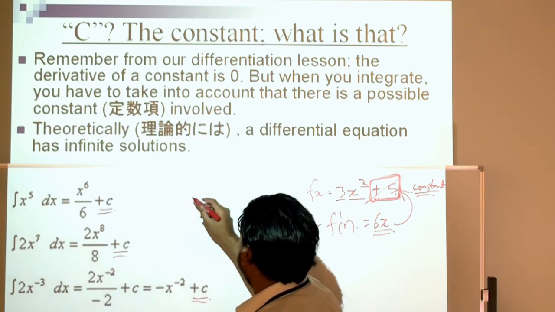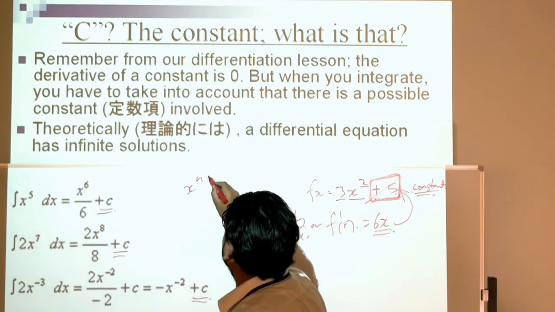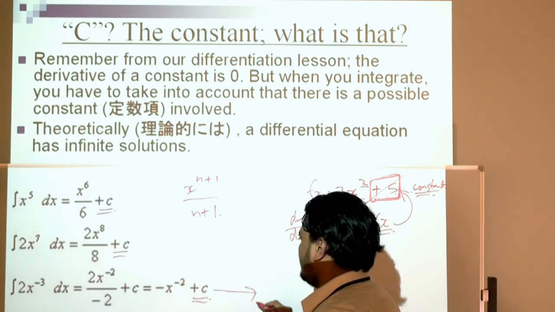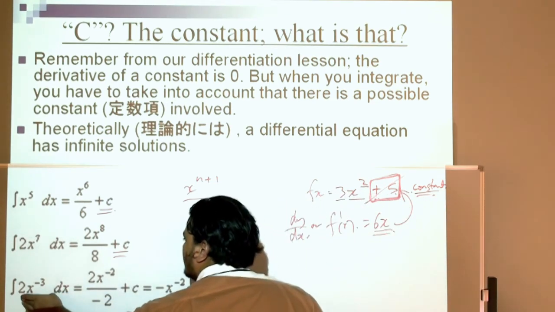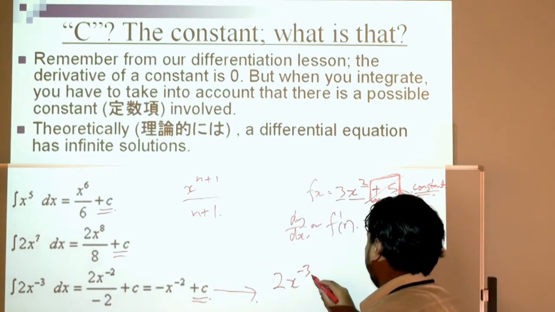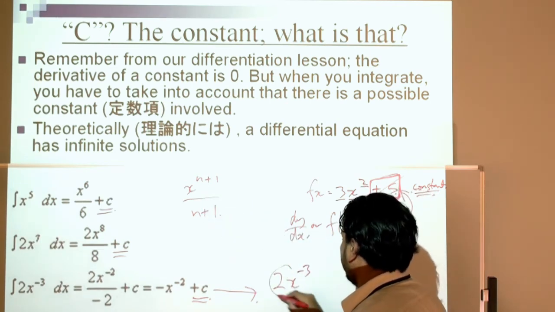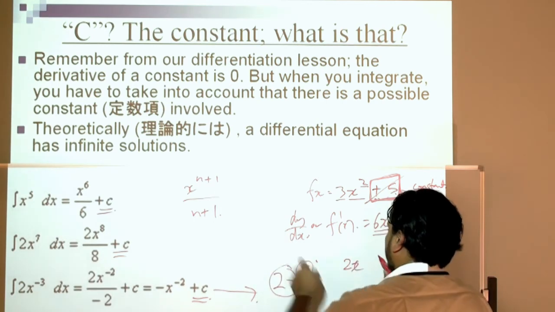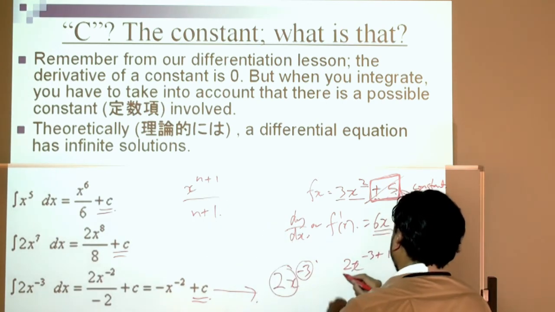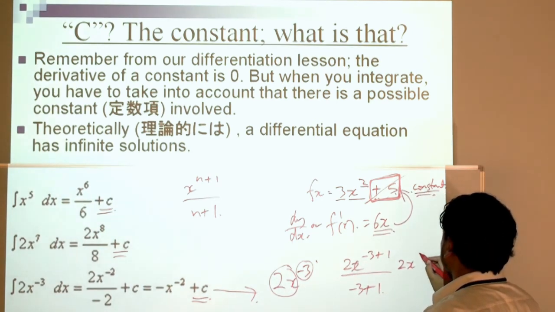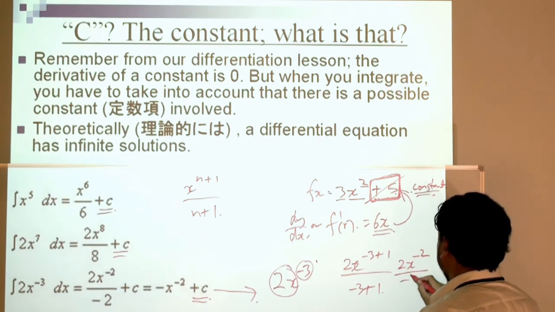Notice that all of these use the formula x to the n plus 1 over n plus 1. Let's go through this one right now: 2x to the power of negative 3. So our x is that, and our n is negative 3. So 2x to the negative 3 plus 1, over negative 3 plus 1, equals 2x to the negative 2, over negative 2.